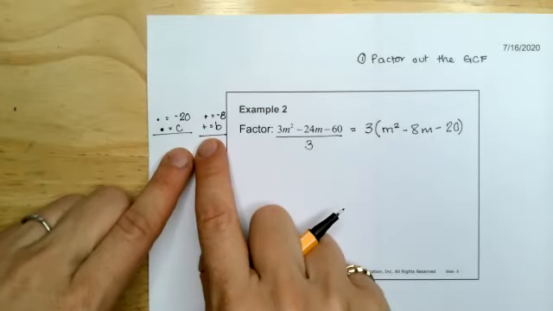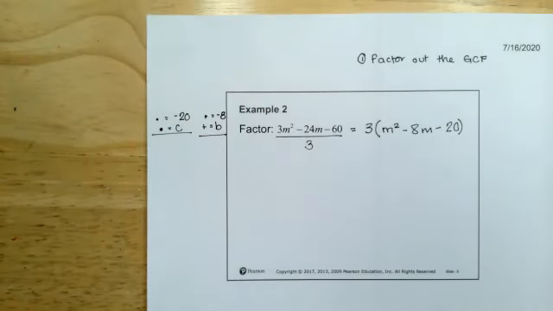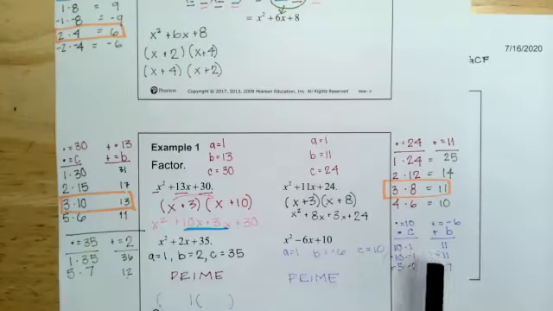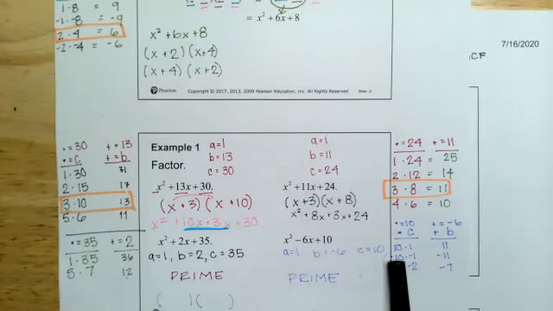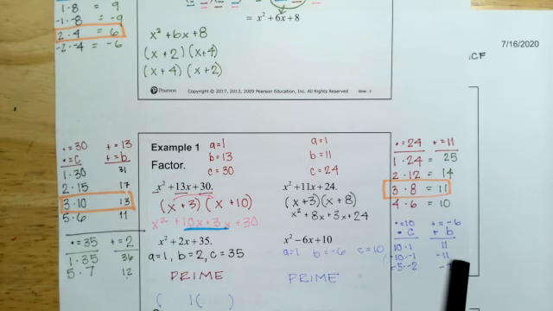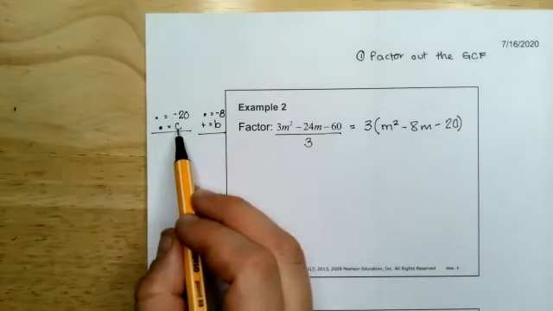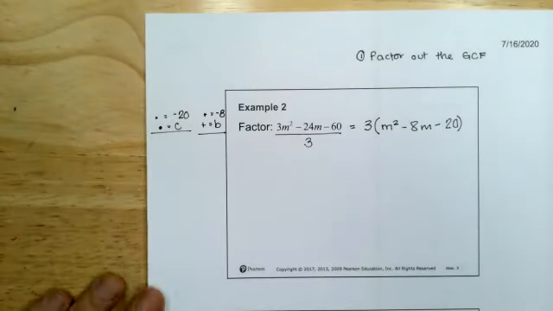situation. Previously, this was positive, this was negative. So we took the terms that were a negative times a negative, right? Because if you add them, you get a negative, but if you multiply them, you get a positive. Here, though, you're multiplying to get a negative.